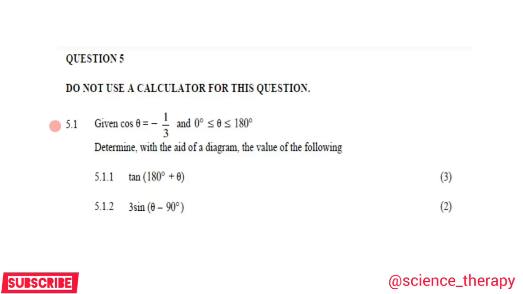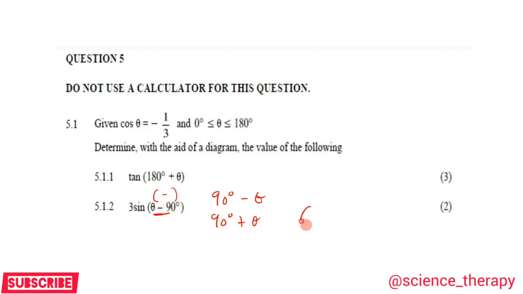So we have 3 sin (theta minus 90 degrees). Once we have something like this, theta minus 90 degrees, this indicates that we are working with a negative angle. Remember, the format we are used to is 90 minus theta, or 90 degrees plus theta. Once they start with theta here and then say minus, that's a negative angle.